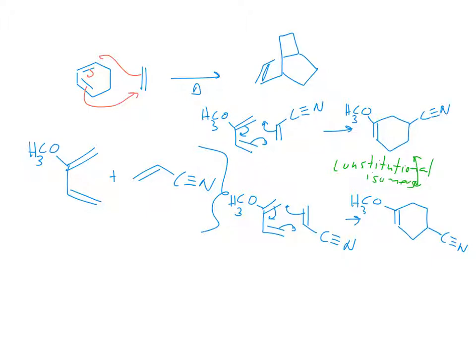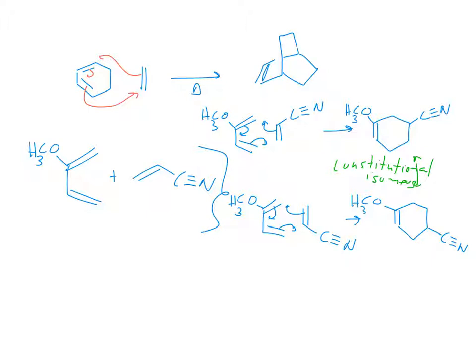What do you think? Is one going to form more than the other? Well, of course it is, right? So what we have to consider here is the polarity of the diene and the polarity of the dienophile.